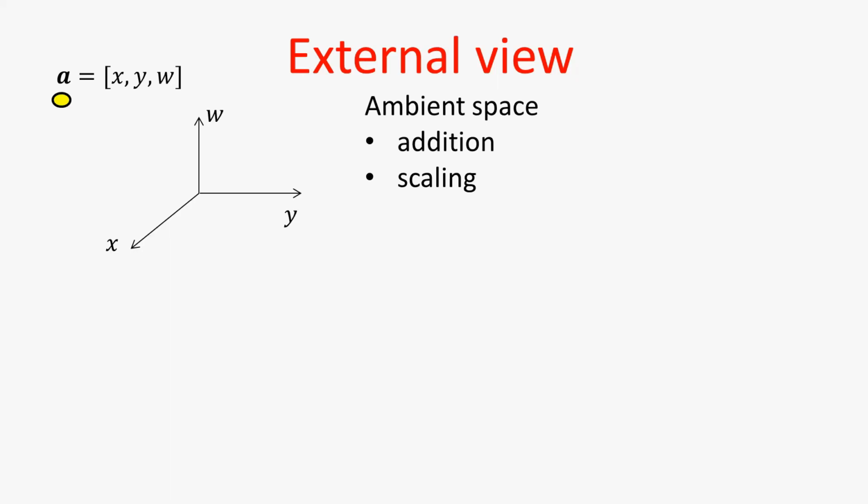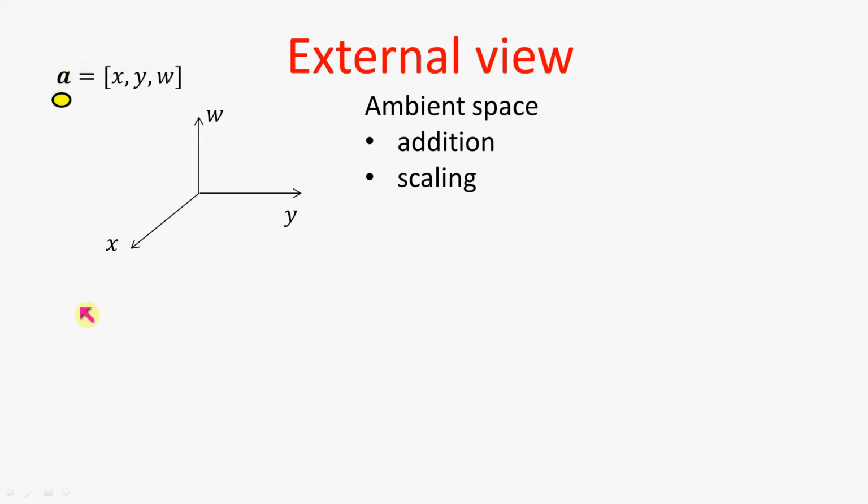Of course, it would be rather challenging to depict four-dimensional spaces on PowerPoint slides. Therefore, in figures, I always describe the situation when we embed the two-dimensional plane in a three-dimensional ambient space. So this is our ambient space.